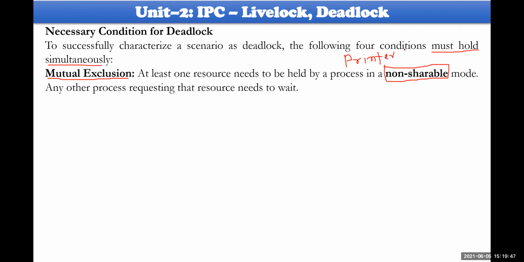One person is taking a printout, and it is impossible for another person to get a printout at the same time. So if such non-shareable resources are not there, mutual exclusion cannot hold. What do you mean by mutual exclusion holding?